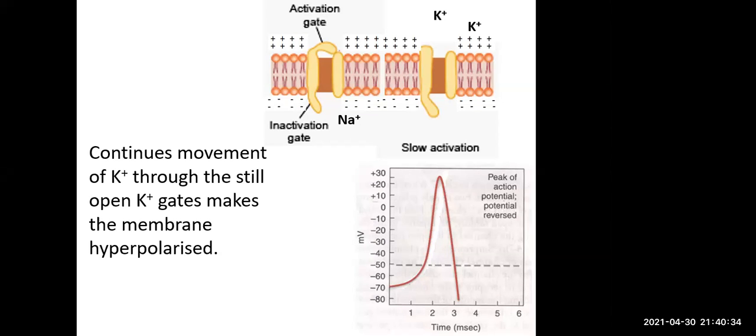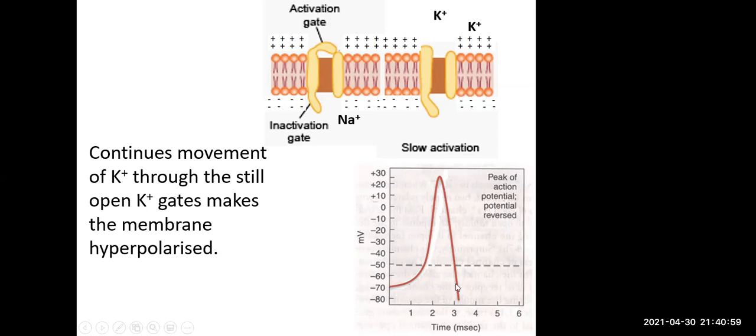Why do we say hyperpolarized? Because the continuous efflux of potassium makes the inside more negative. The recording, if you look at it, has gone below minus 70. Minus 70 is the resting state. So at this state, we call it hyperpolarized.